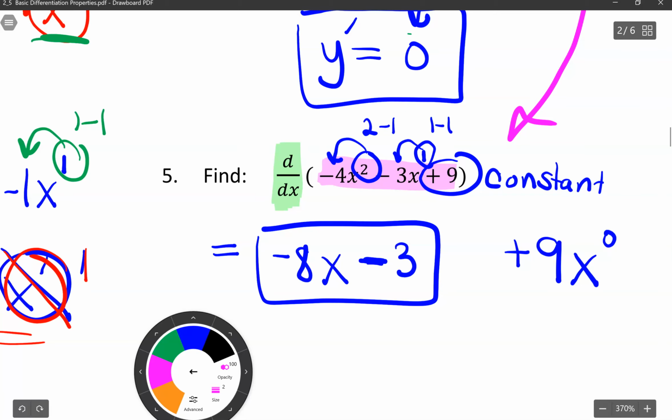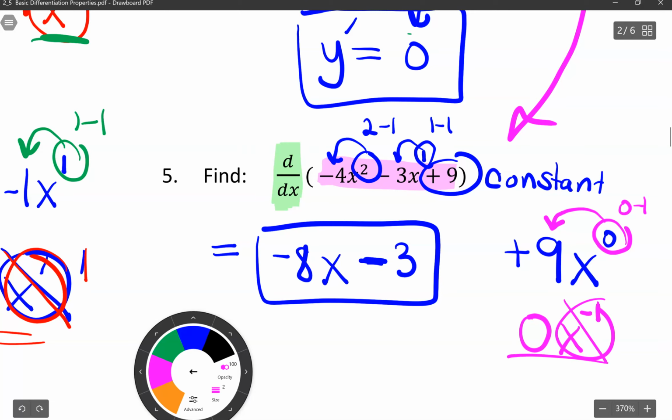So if I did my power rule and I drop the exponent down to the front, I do 9 times 0 is 0. And then rewrite the base and decrease it by 1. But decreasing it by 1, I don't care what this is. If I multiply by 0, the whole derivative of that term is 0. So anytime you have a constant, you know the derivative is going to be 0 because constants don't change and derivatives are rates of change.